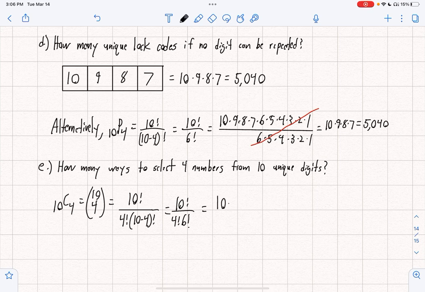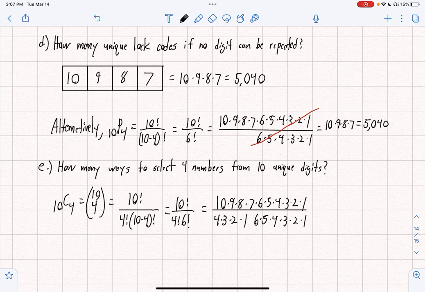So we have 10 times 9 times 8 times 7 times 6 times 5 times 4, 3, 2, and 1, and then I have a 4, 3, 2, and a 1, and then I have a 6 and a 5 and a 4 and a 3 and a 2 and a 1.